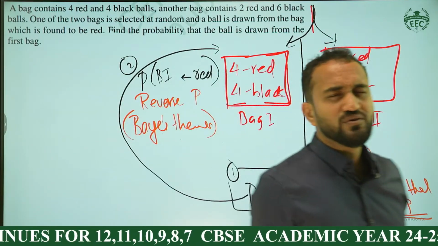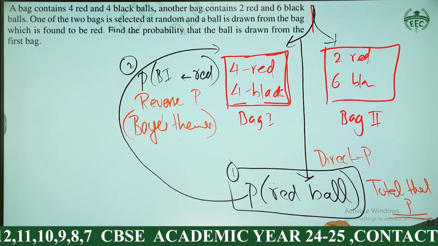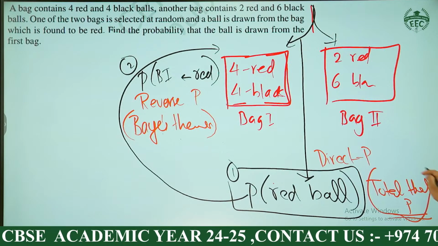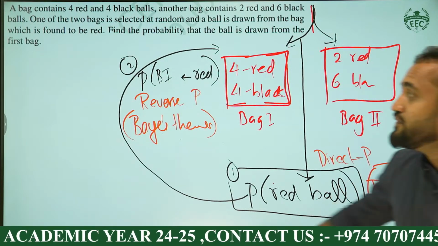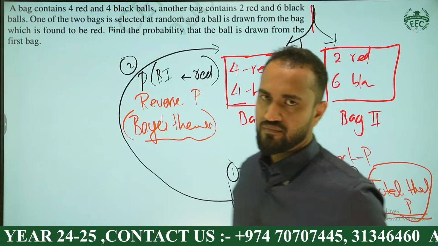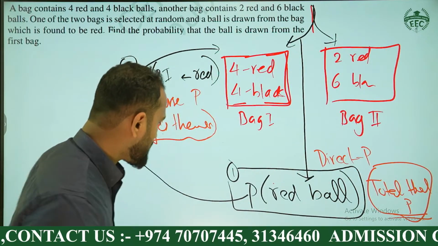For any questions related to this, there are two things. The first is direct probability, where you apply the total theorem on probability. The second is reverse probability, where you apply the Bayes theorem. So there exist two things, right? Fine.